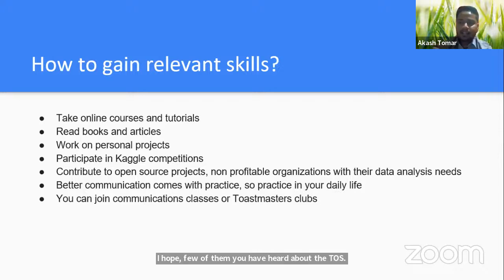Basically, there are some people who are members of that club. They generally meet every week or bi-weekly, conduct meetings, and practice communication skills. You can use the community or the Toastmasters Club, or you can practice at your home. But for the betterment of communication, you have to practice daily. There is no other way.